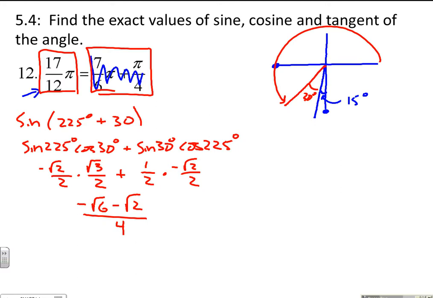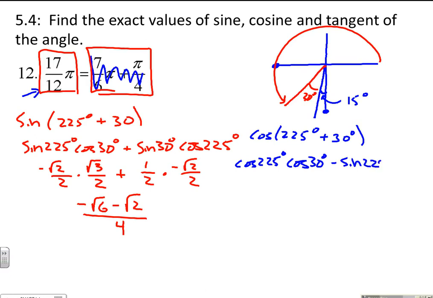Okay? Let's take a look at cosine. So cosine of 225 degrees plus 30 degrees. That would be cosine of a sum is cosine cosine minus sine sine. So this is cosine 225 cosine 30 minus sine 225 sine 30. Cosine 225, negative root 2 on 2.